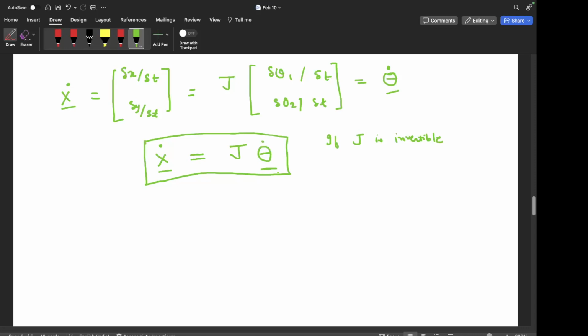J can be a rectangular matrix, and in fact in most cases it is a rectangular matrix, especially for redundant manipulators. So the reverse thing is that if we want to know the joint angle rates given that we have the end effector velocity, then we can do this.